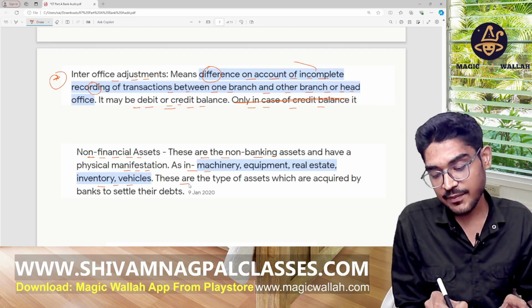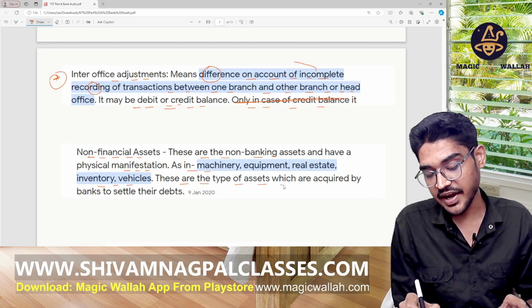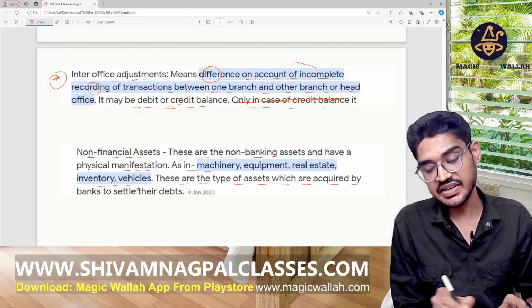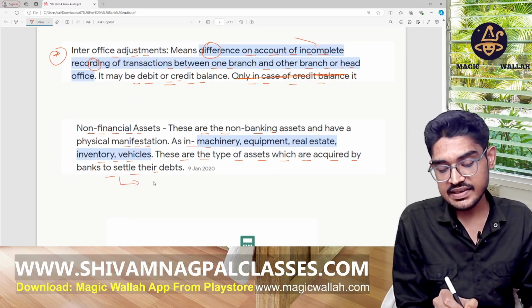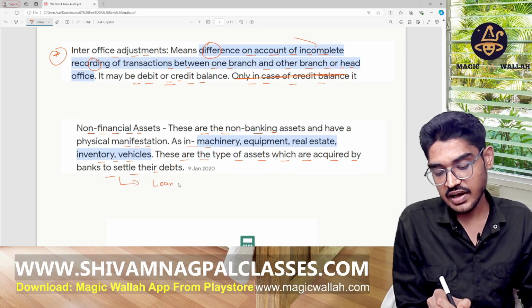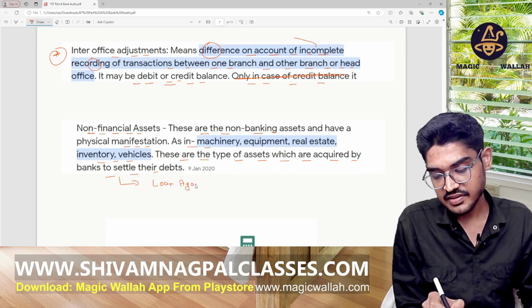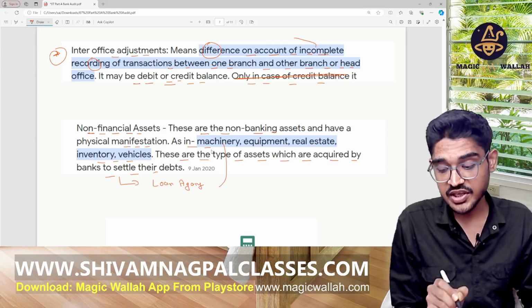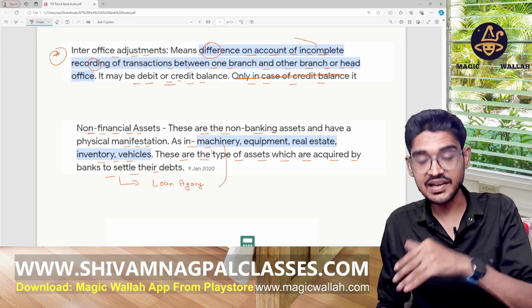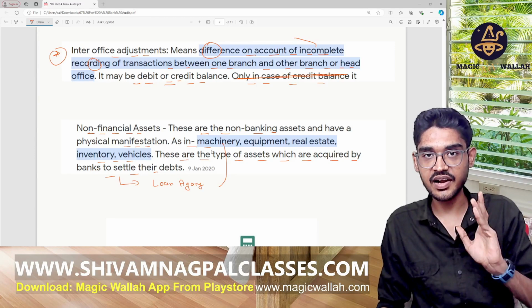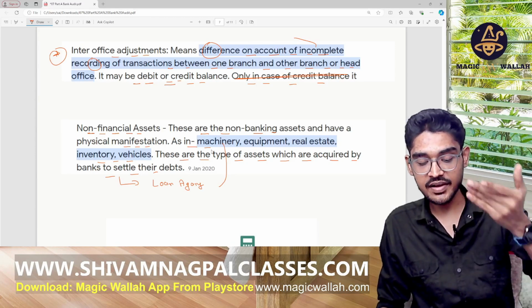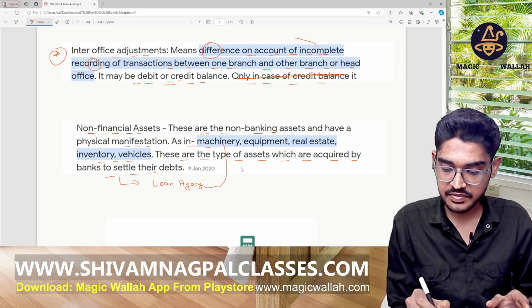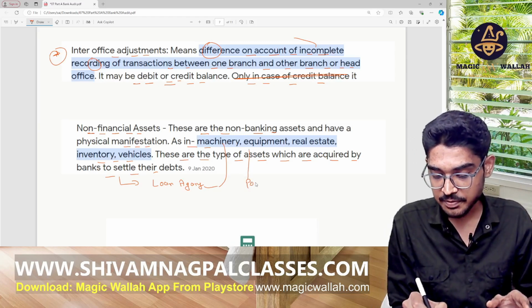These are the type of assets which are acquired by the bank to settle their debts. The bank has given a loan against the machinery, equipment, real estate, land, inventory, vehicle, etc. So when the borrower has not paid that loan back to the bank, the bank takes possession of this.